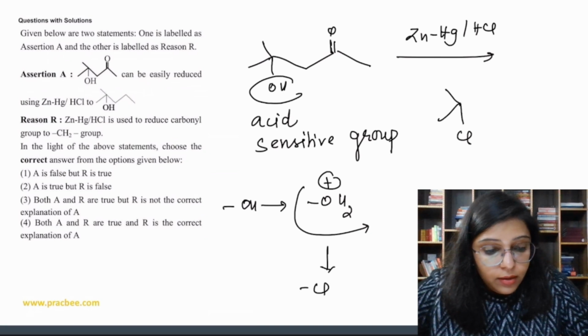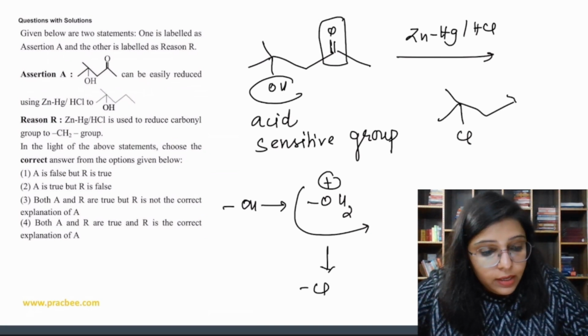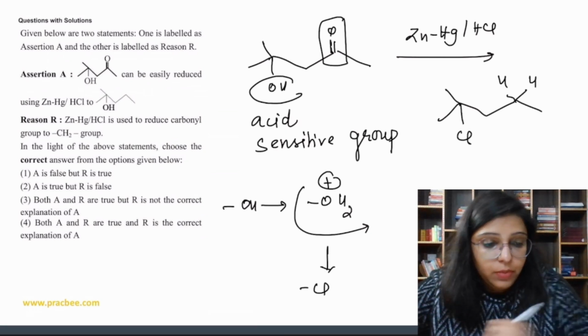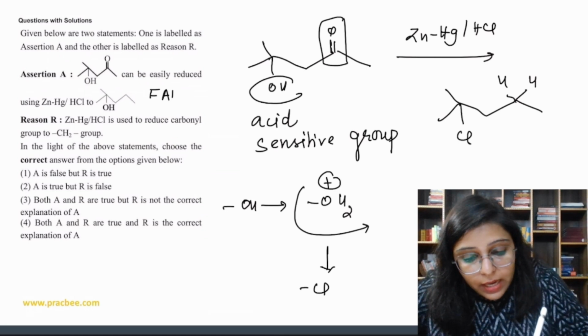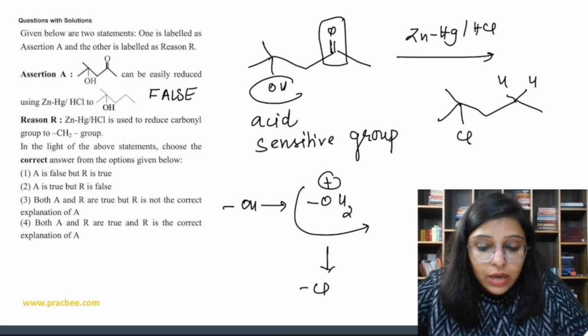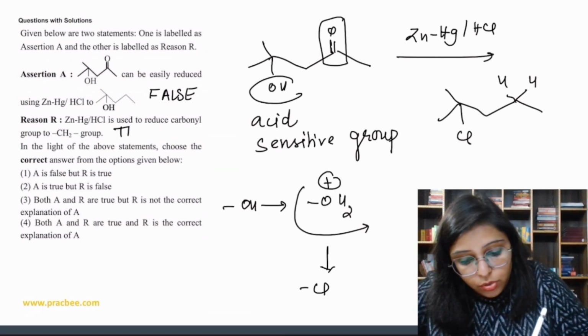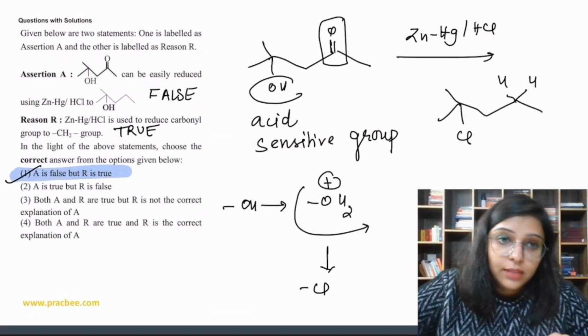Okay? And next part is that only this keto group is reduced to alkane part. So we get this one. We do not get this. So that is false. ZnHg in presence of HCl is used to reduce carbonyl group to CH2 group. Yes, this is true. So assertion is false, but R is true. So we can say option 1 is going to be the correct answer.